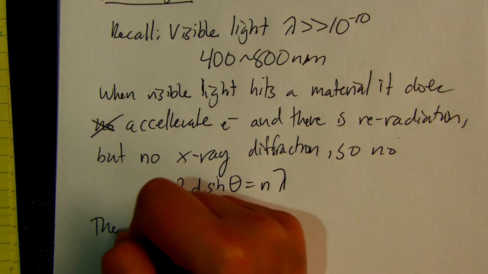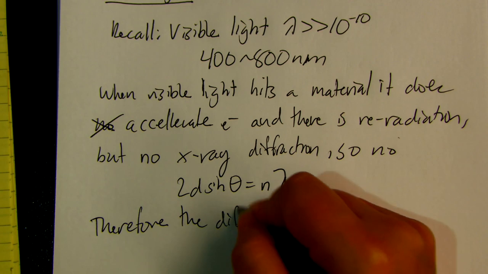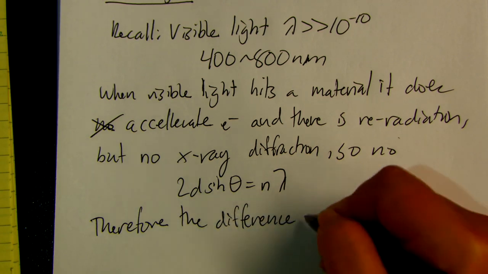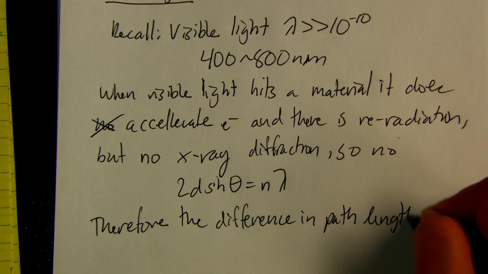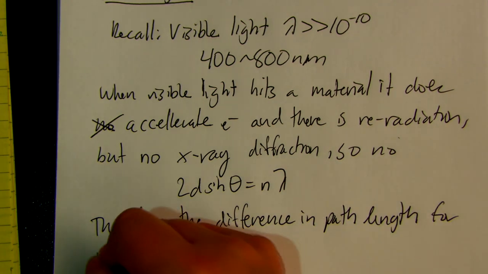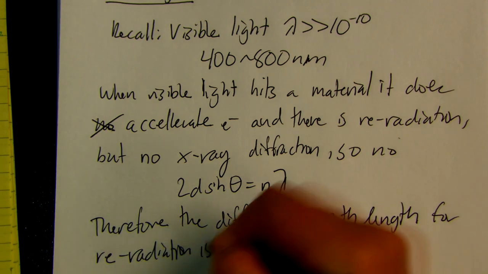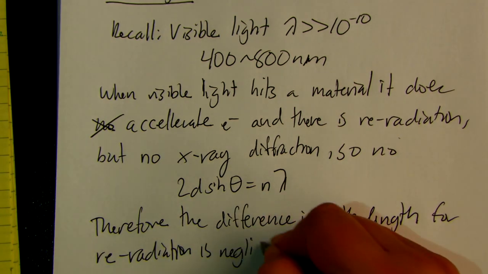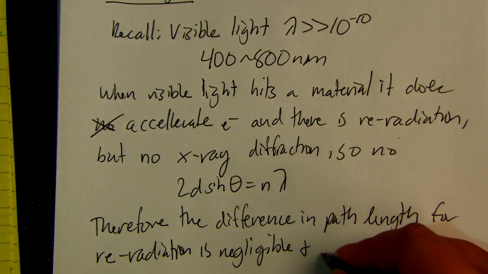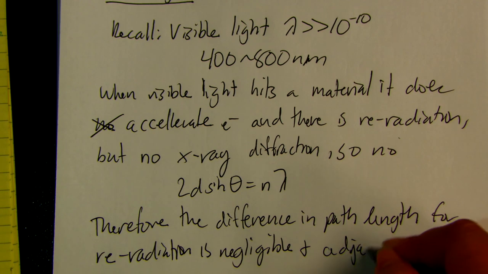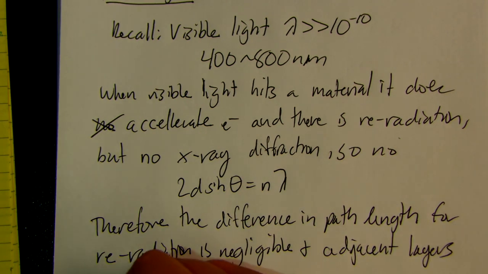Basically, the difference in path lengths for re-radiation is negligible, and adjacent layers are in phase.